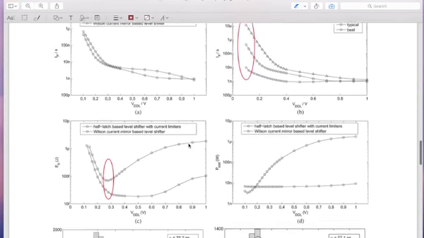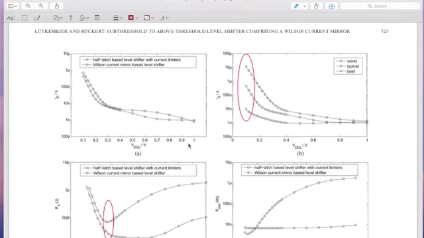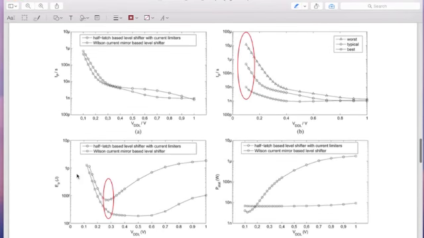So here, for example, they compare the performance of their circuitry and the energy consumption of their approach, which is the lower one, versus the current mirror approach. And what is interesting here, you see, is that the energy per level conversion, right? It reduces as you reduce the input supply voltage, but then it starts going up.